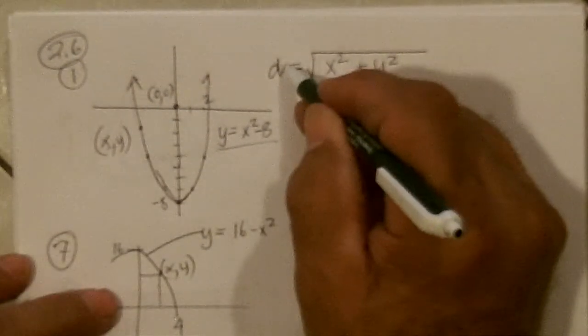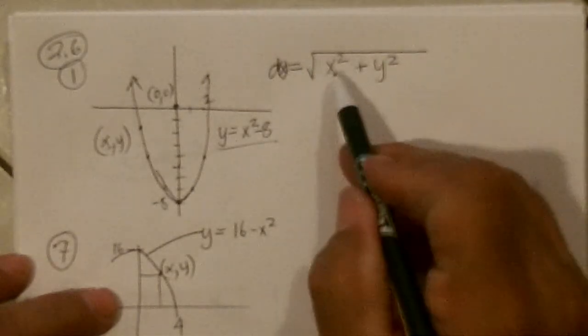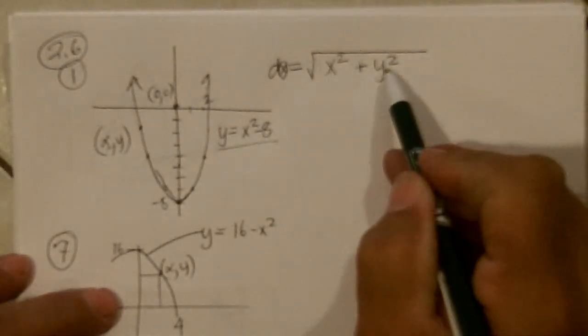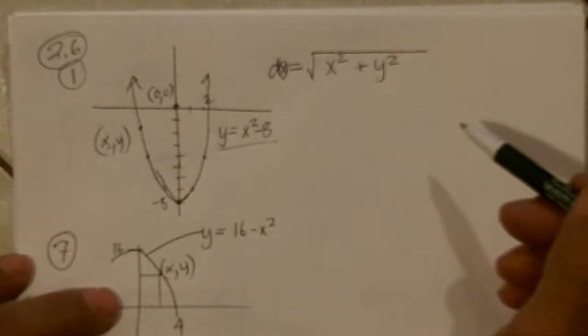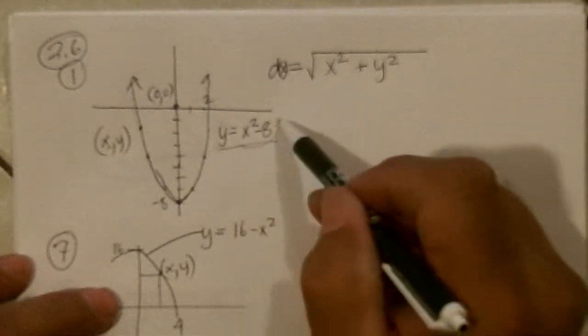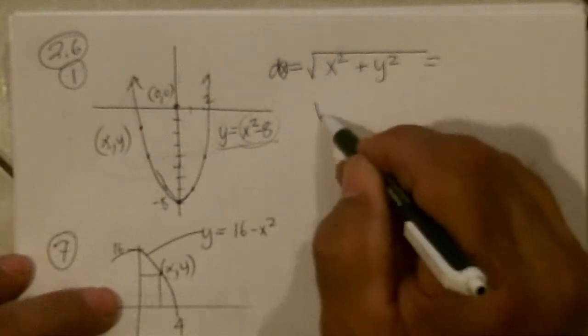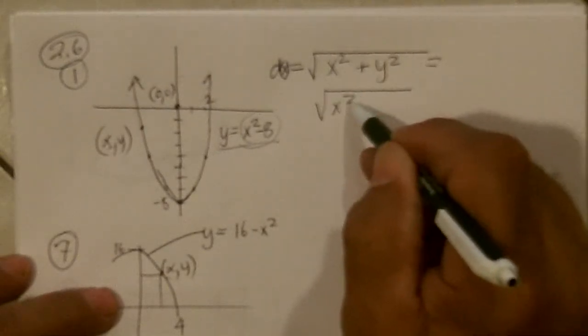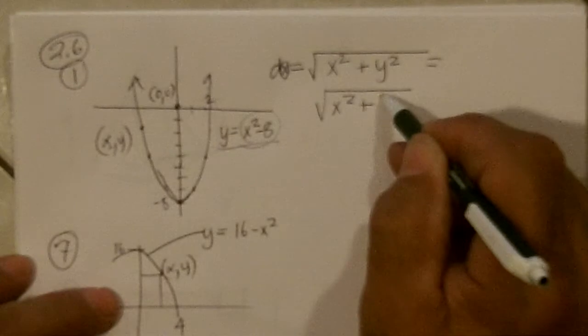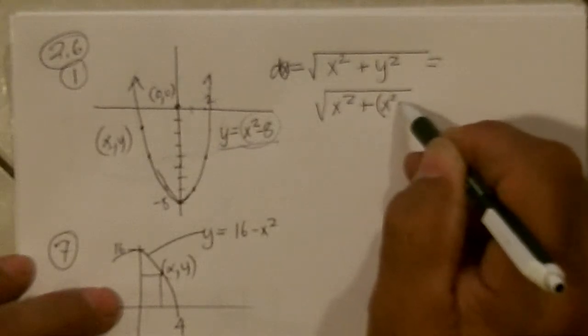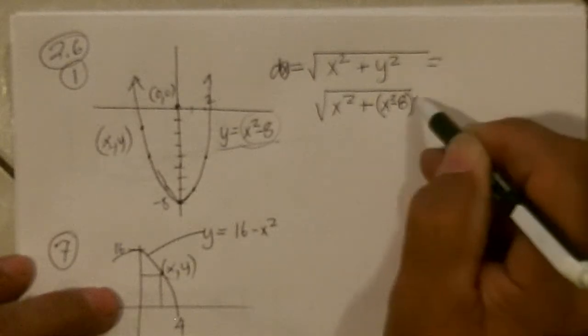But it's supposed to be the distance as a function of x. Well, this has x's and y's. So we have to remove the y, and it says y is equal to x squared minus 8, so we can change this to say the square root of x squared plus (x squared minus 8) squared.